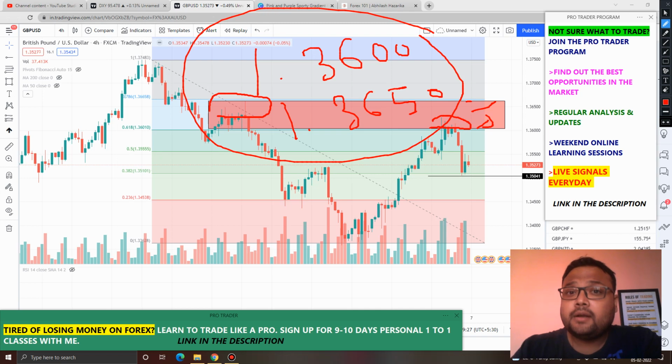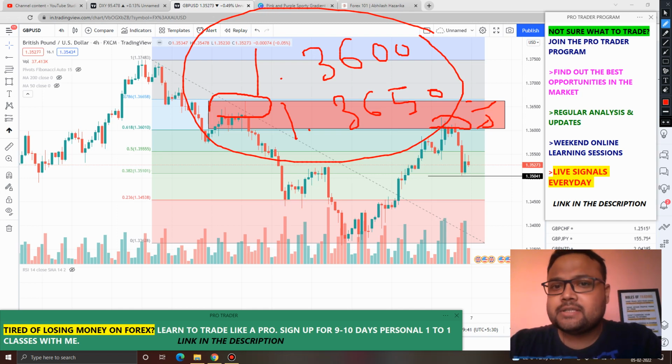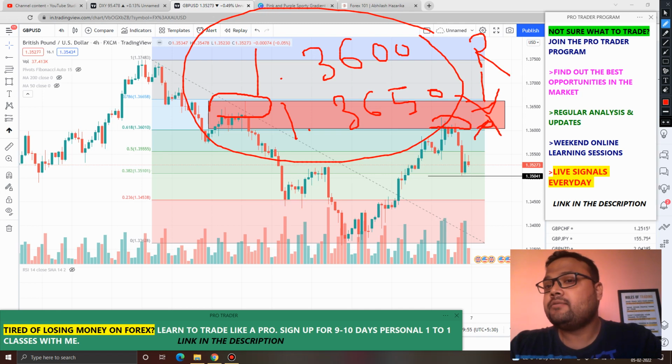If you're a beginner or a new trader, you should avoid taking a buy position at this particular level. But if you are an experienced trader, if you have been trading for a considerable period of time, then it's your choice. Otherwise, beginners and new traders should not be taking a buy position here. Most importantly, this is a resistance zone, and there is a possibility of the market reversing from here.